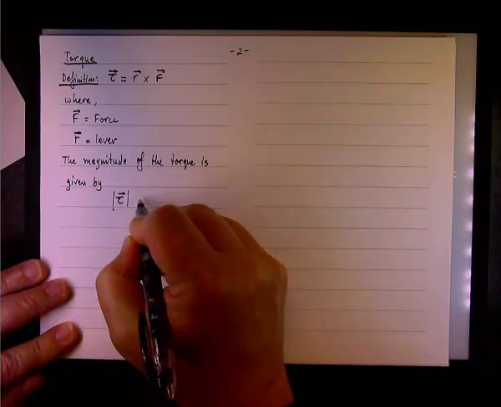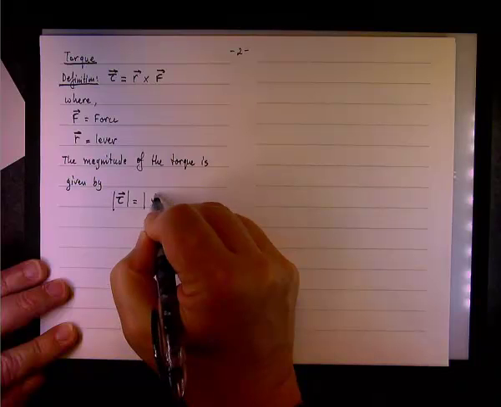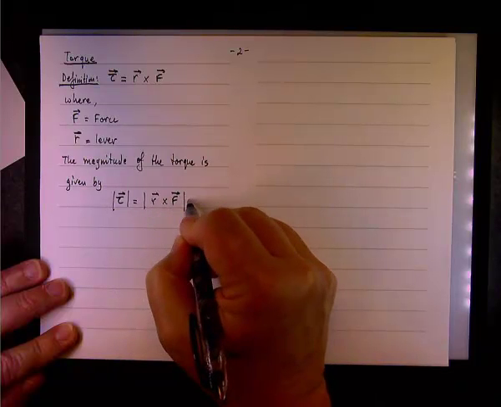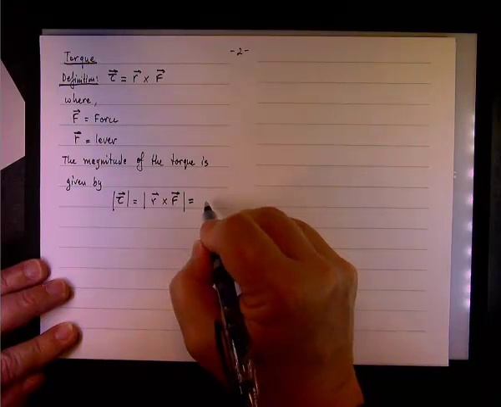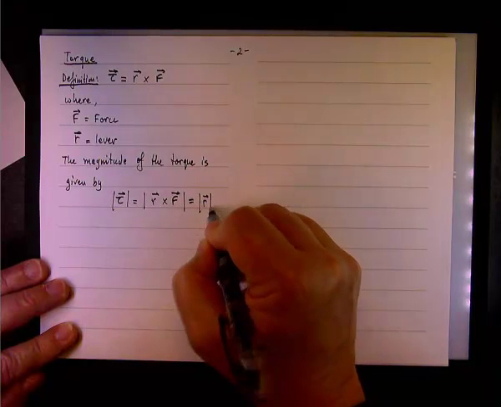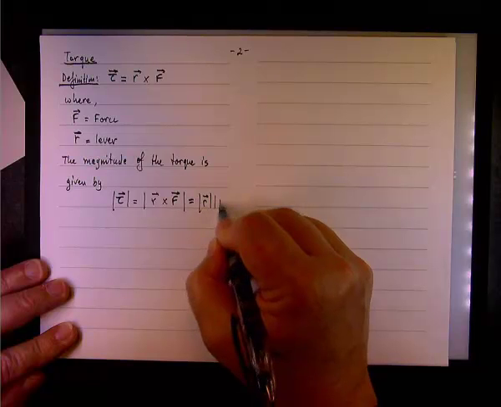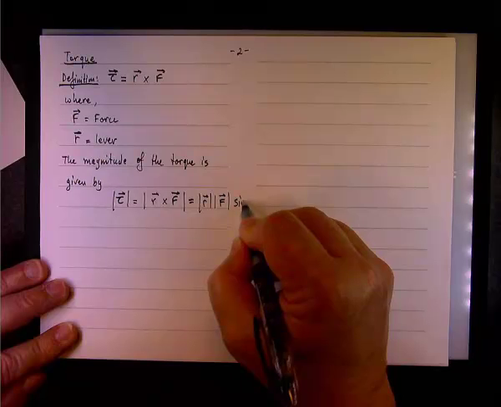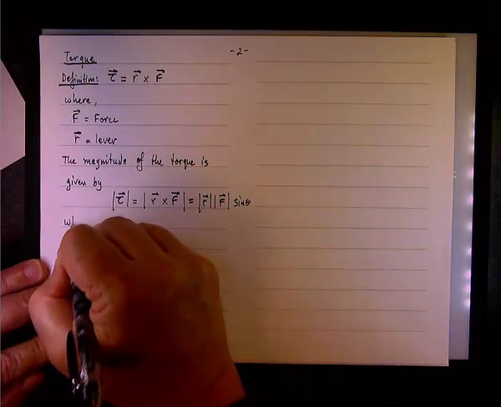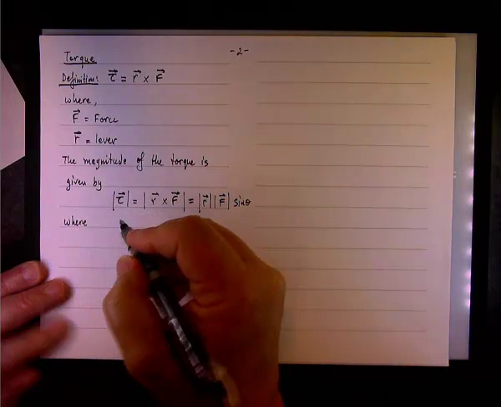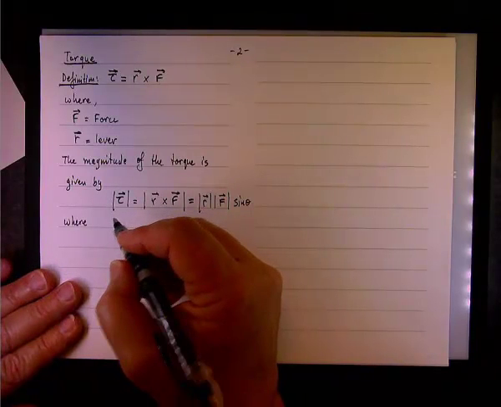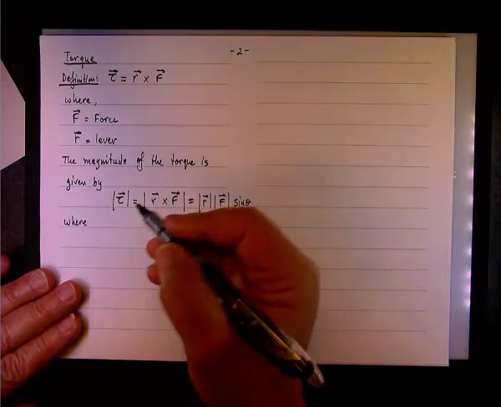We're going to write that the magnitude is the magnitude of the cross product, and we know that the magnitude of the cross product is the magnitude of the lever R, the magnitude of the force F, times sine theta, where theta is the angle between the lever and the force.